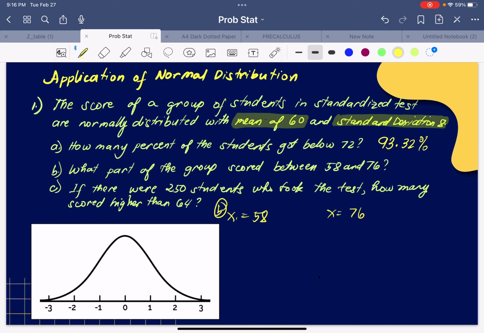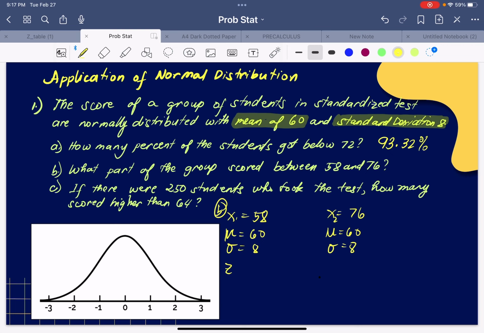So we're going to convert these two x values into z values. So the mean is equal to 60 and the standard deviation is 8. So let's convert these two x values into z scores.